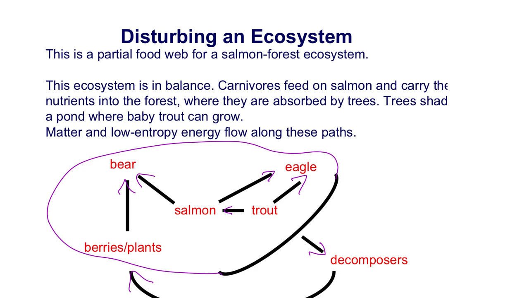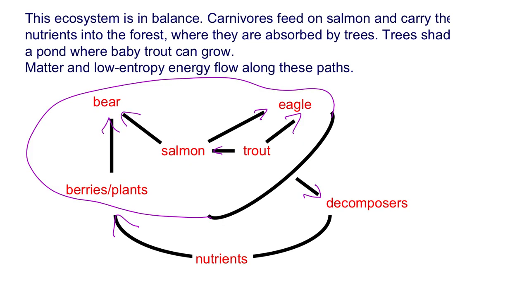So here's part of a food web up north, I guess, Northern California, Alaska. So you can read this. This ecosystem is imbalanced.